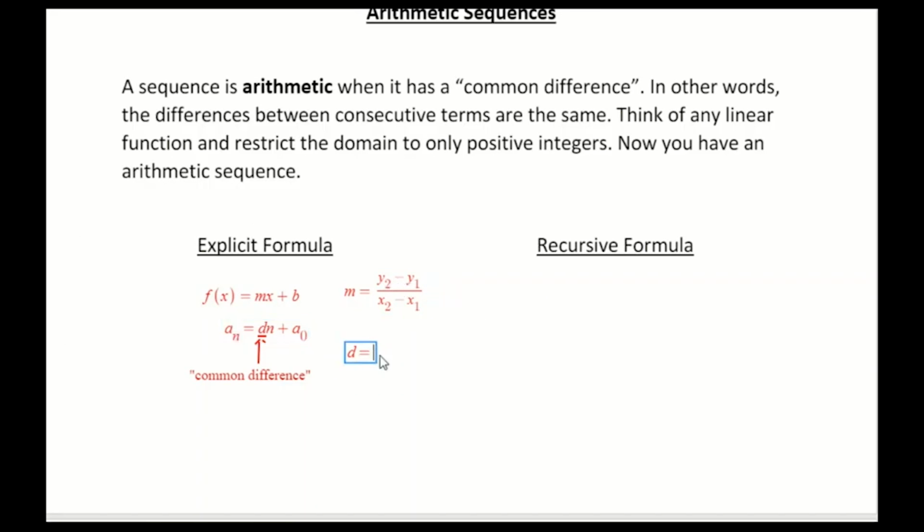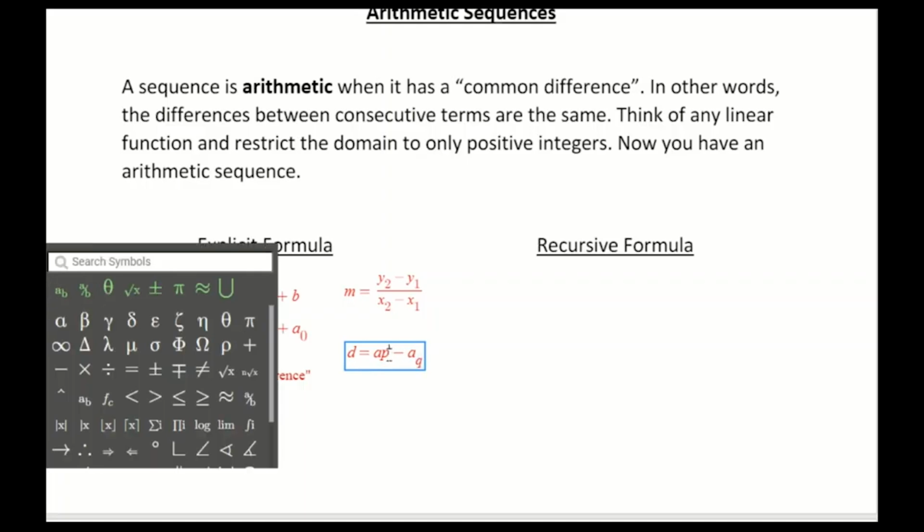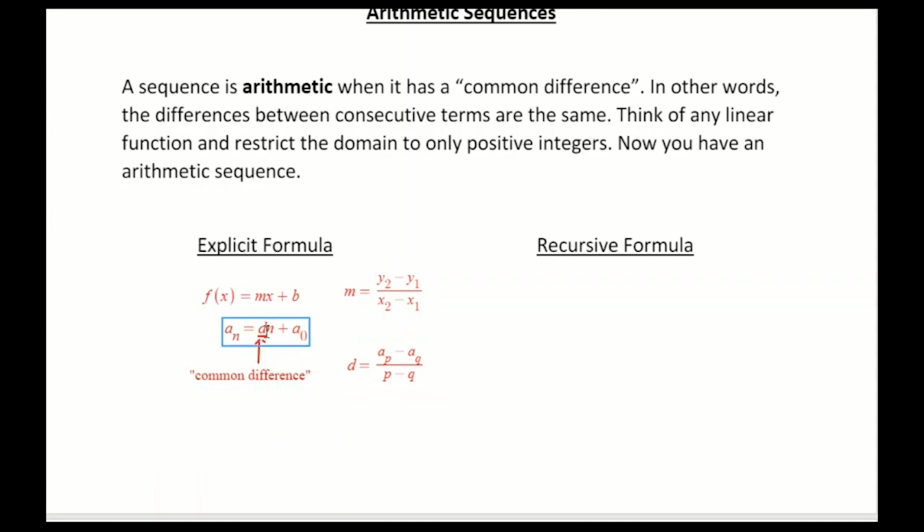So we can say something like a sub P minus a sub Q, divided by your change in n, which would be P minus Q. So if I know what a sub 2 and a sub 5 are, I could just plug in a sub 5 minus a sub 2 over 5 minus 2, and that'll give me my common difference.